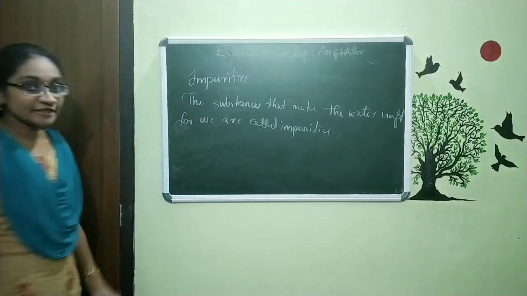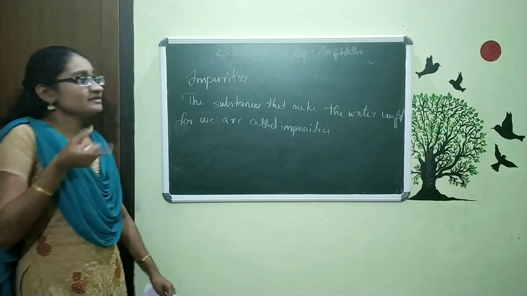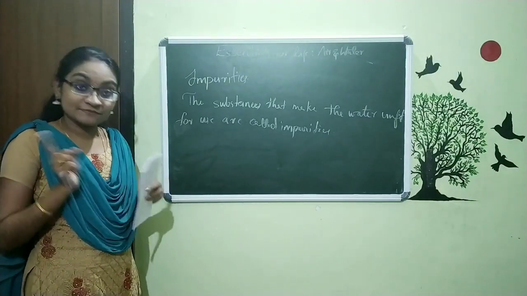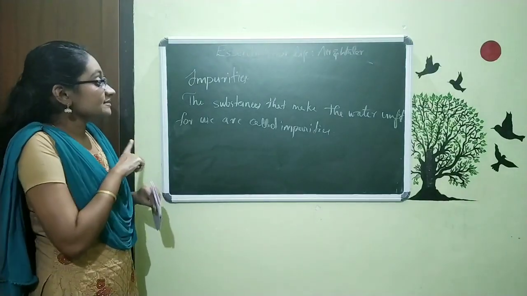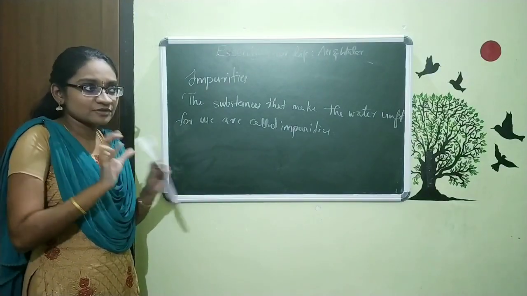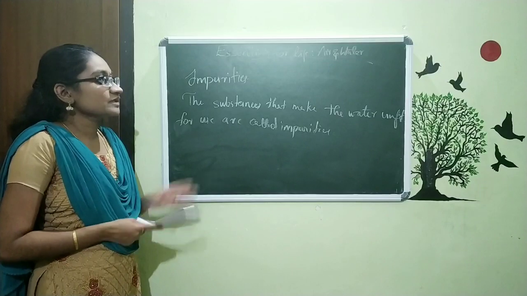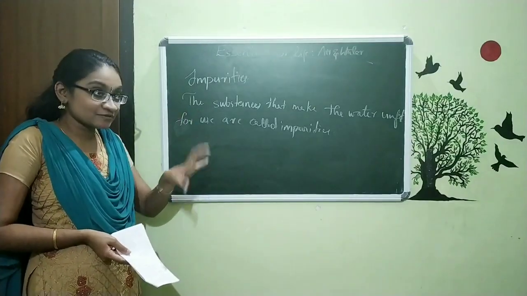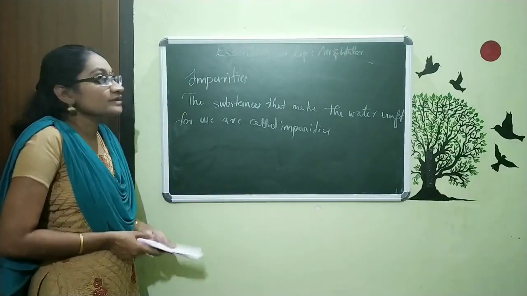That means we need pure water, but when it is mixed with some substances, it is not fit to use, it is useless. So the substance that gets mixed in the water is called an impurity.